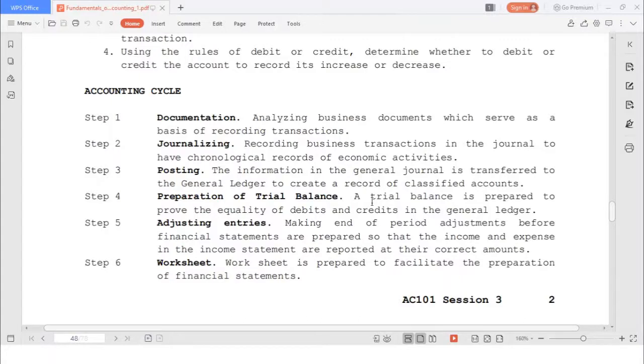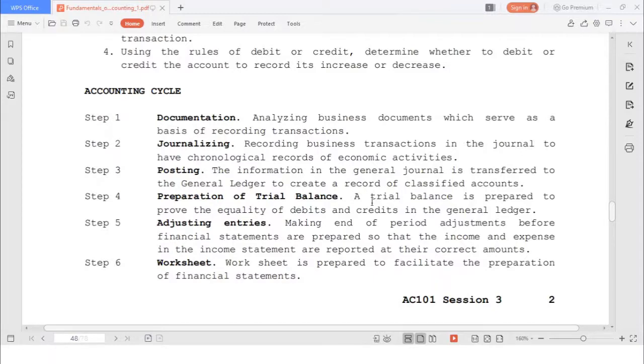So, this refers to the recording of business transactions in the journal to have chronological records of economic activity. Step 3 is posting, wherein the information in the general journal is transferred to the general ledger to create a record of classified accounts.